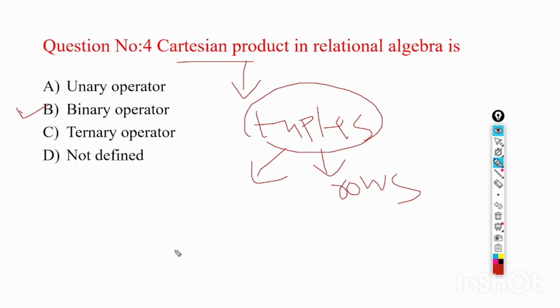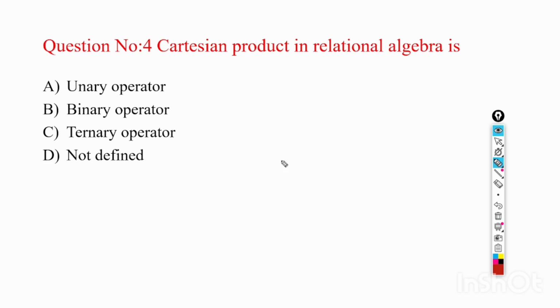It combines the tuples from two relations. Tuples are nothing but the rows. Whenever you combine the rows, we call it a Cartesian product.